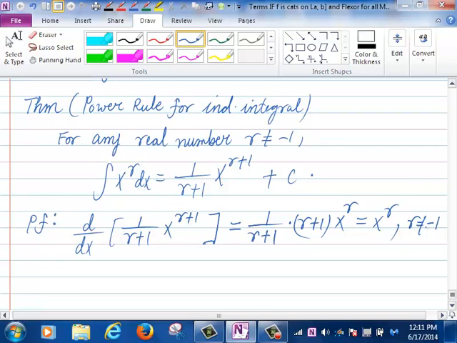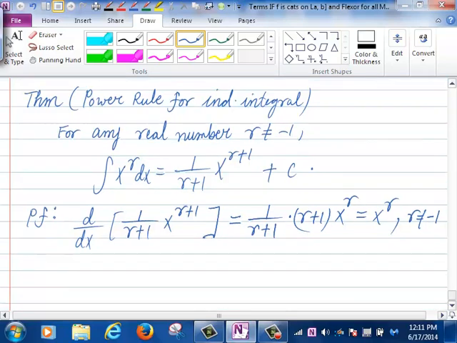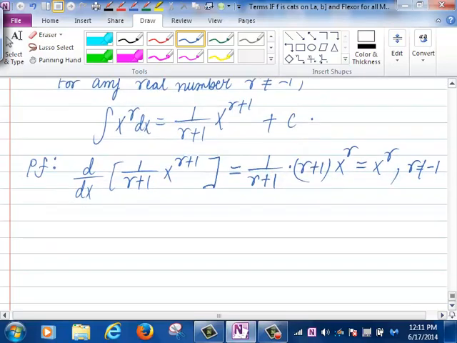So the indefinite integral for exponent -1 is not something we know right now. You're going to see that when you go to Calc 2. Otherwise we can find the indefinite integral of any other power of x, except for the exponent -1.